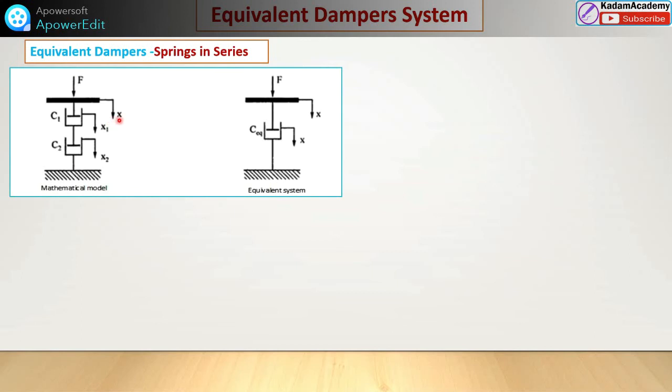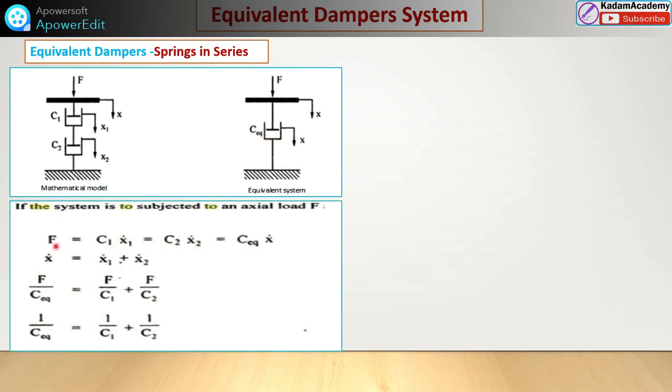Here C1 is the damping coefficient, and due to this the displacement is x1, and here for C2 the displacement is x2. The mathematical model and its equivalent system are represented. C equivalent is shown as the equivalent system.